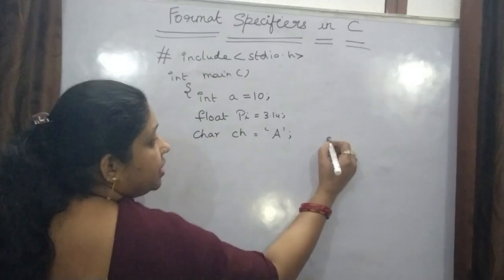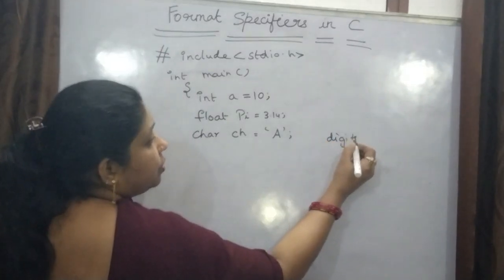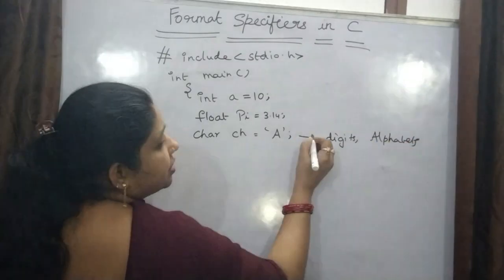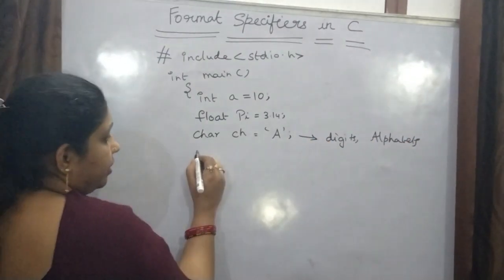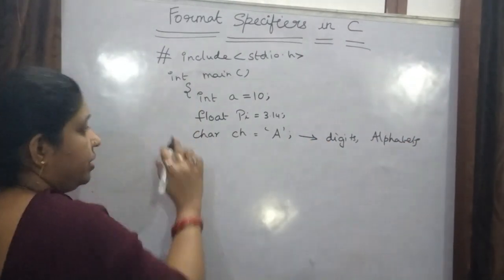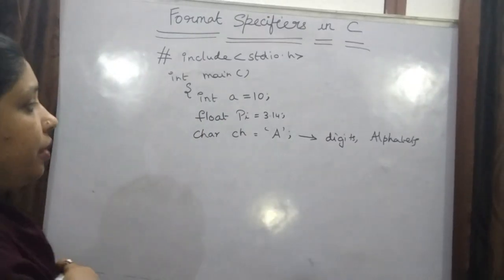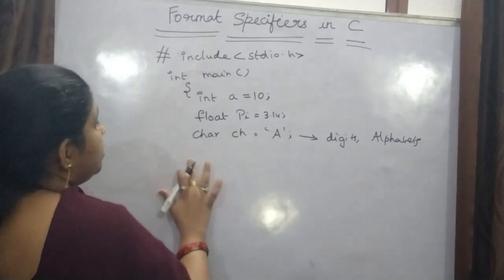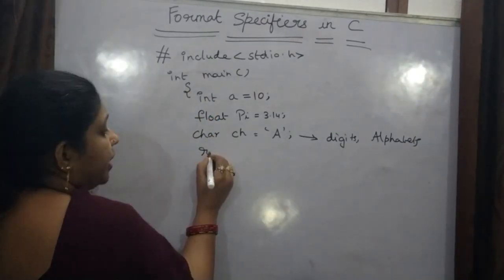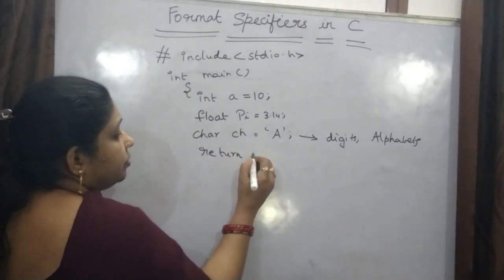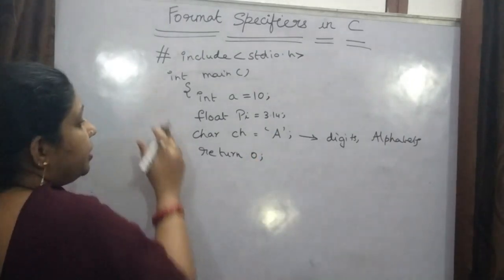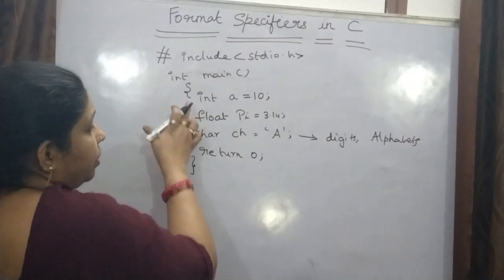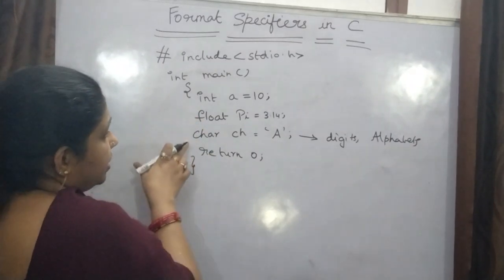It may be digits or alphabets. Now close it. Because I am writing int main, you have to write return 0 because it should not return any value. So close it.